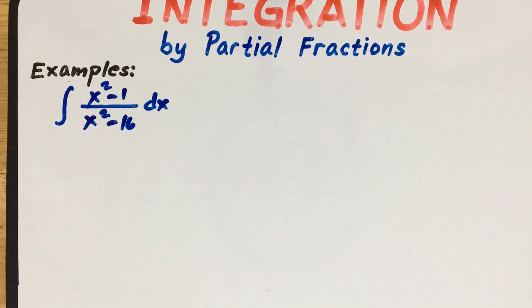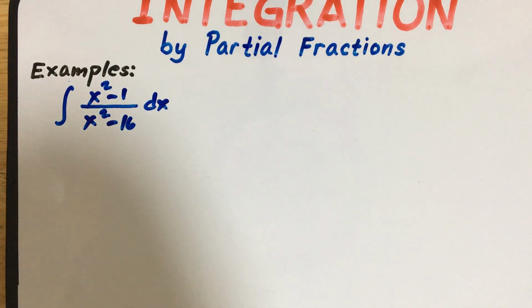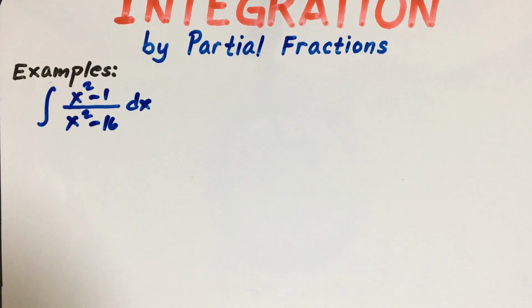So how will we solve this problem? To solve this problem, class, we need to do the polynomial division first before we proceed as we have done in our previous two examples. So when you do the polynomial division, what shall we obtain?